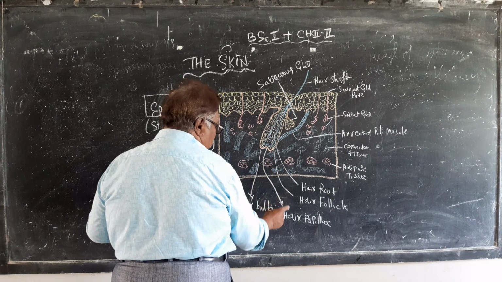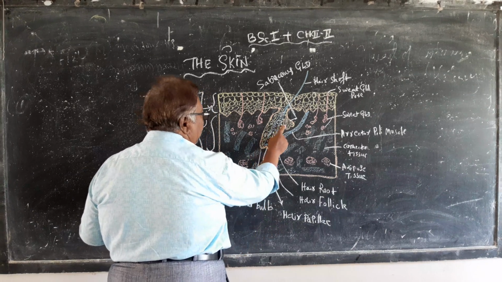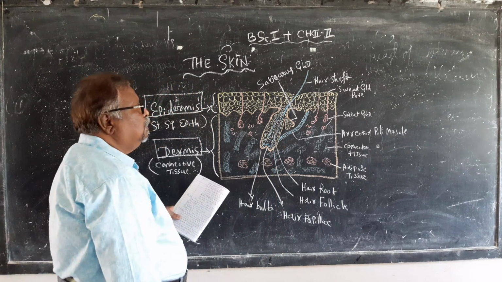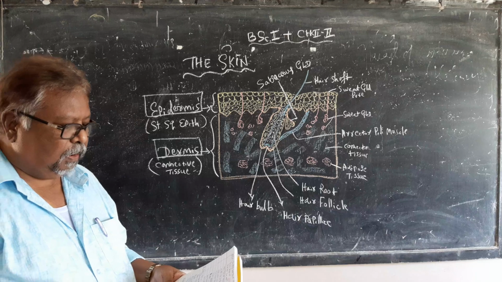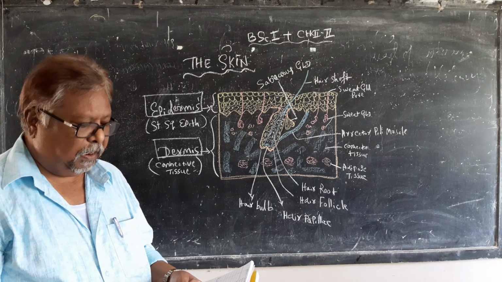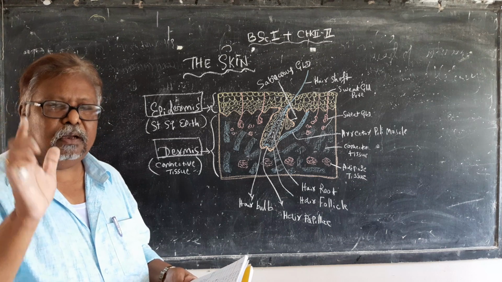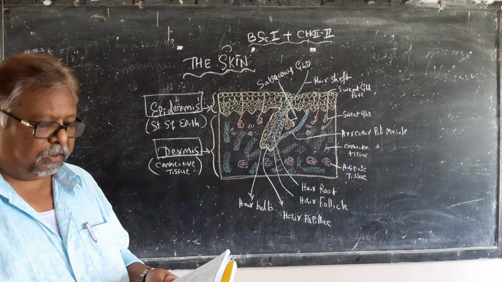Hair follicle, hair papillae and hair bulb. Then a sebaceous gland. So all these constitute the hair. Hair are present in almost all parts of our body except palms and soles. Here on the palm and on the sole of the leg we don't have hair.